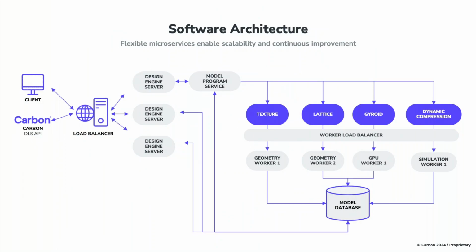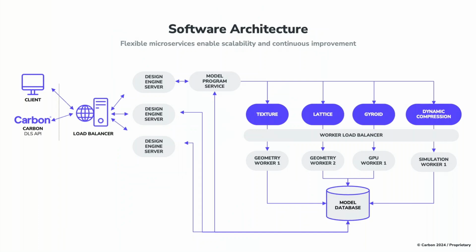In our platform, these model programs then get sent through our software architecture, which is all microservices based. So maybe a high-level overview of the software architecture. Once it goes into our system, it goes into a server that dissects these model programs. We call that the model program service.